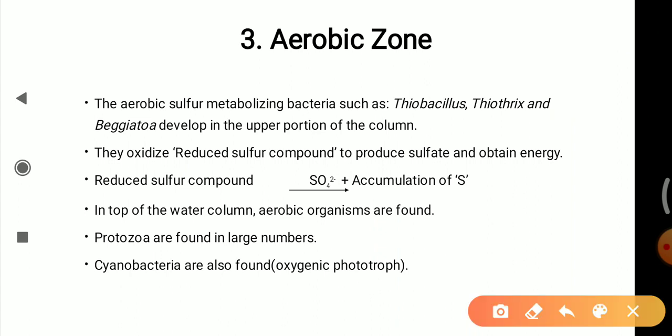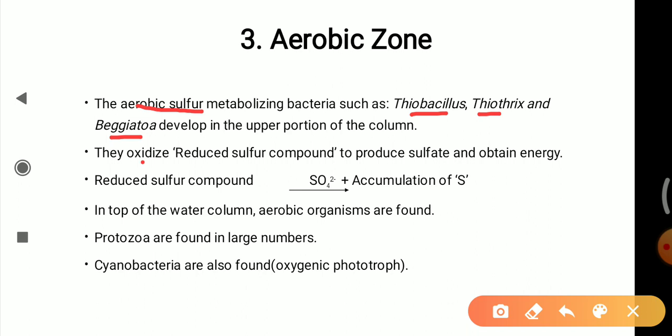Now the third zone that we will find is the aerobic zone. The aerobic sulfur metabolizing bacteria such as Thiobacillus, Thiothrix and Beggiatoa develop in the upper portion of the column.